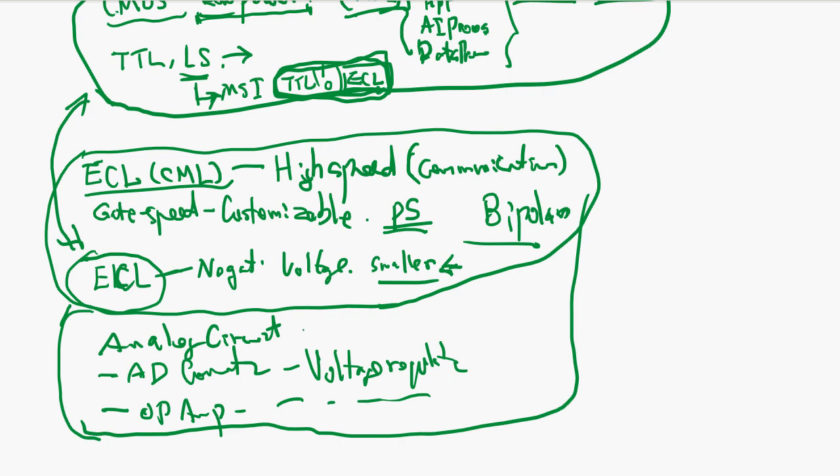The analog circuit is the hardest one for engineers. It takes at least 3 to 5 years experience, because each circuit has very unique transistor level design and needs a lot of experience.